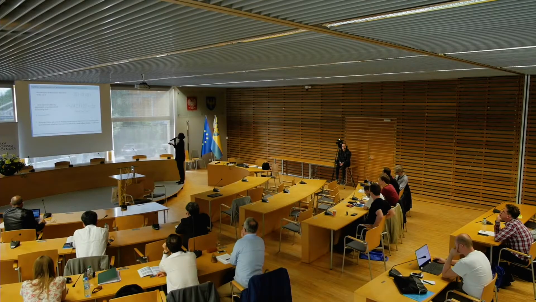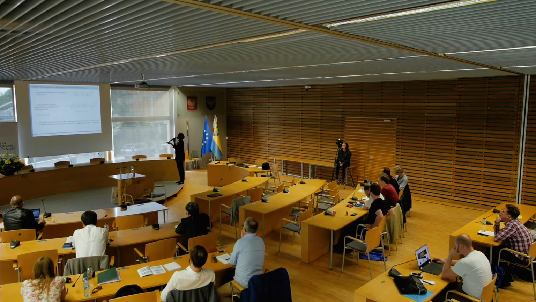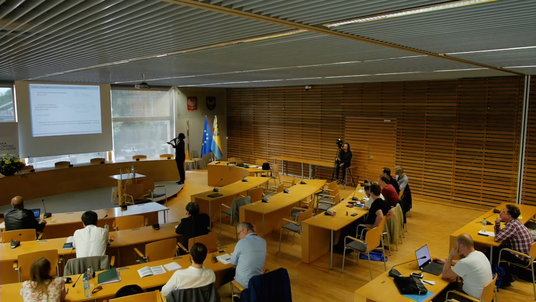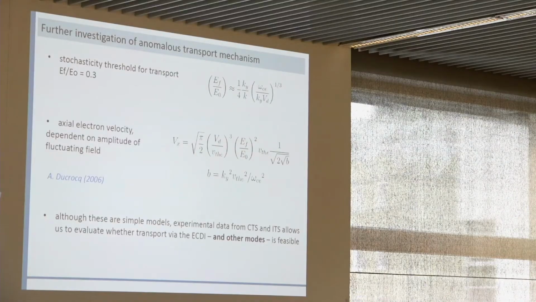Then we have other investigations we can do using Ducrot's formulae, where we can determine if the stochasticity threshold for transport is satisfied. Our fluctuating field should be a third of the actual applied field, and this can be satisfied. Also we can determine an axial electron velocity. When there's interaction between this wave and the electrons, which are supposed to be trapped, there's a certain axial velocity which you can get out. This is something we can calculate now.